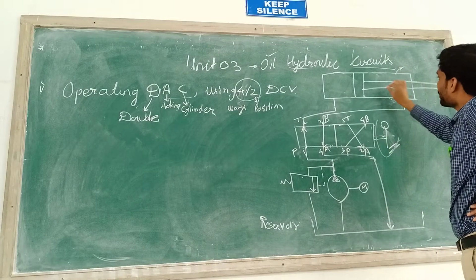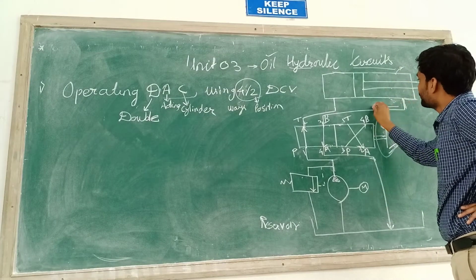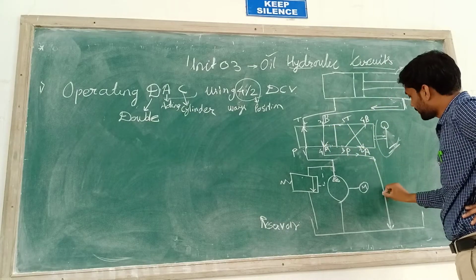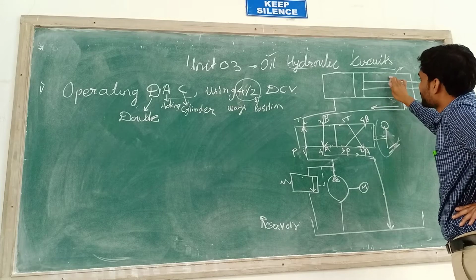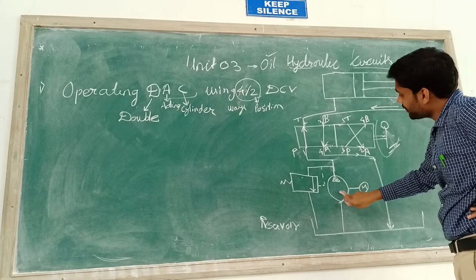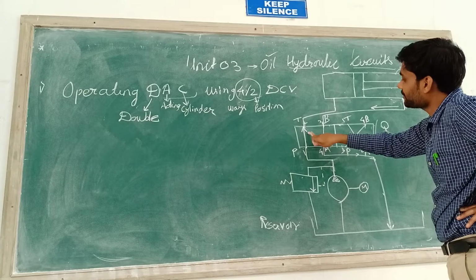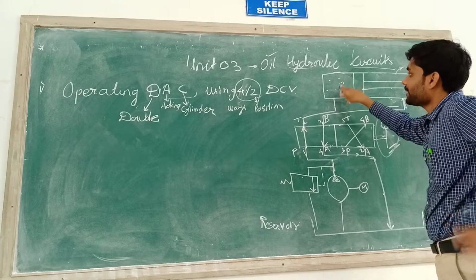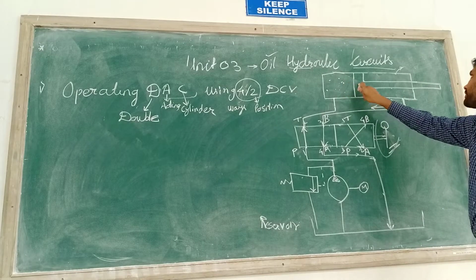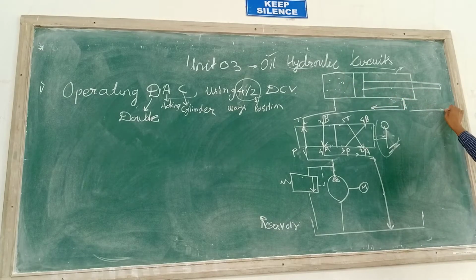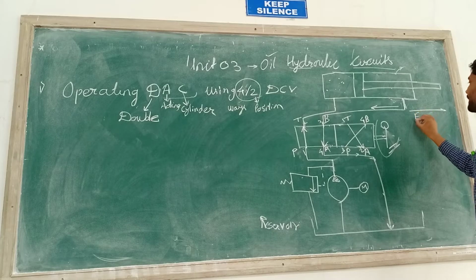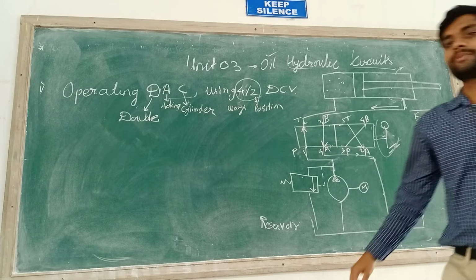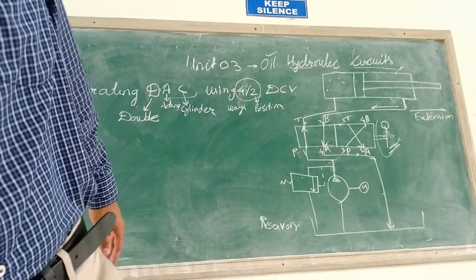The oil from this area moves backward to the reservoir, which causes the low pressure area in this side, and the pump is continuously pumping this oil to this area, which causes the high pressure oil in that area, which pushes this piston in the outward direction, and we name this stroke as extension stroke here.